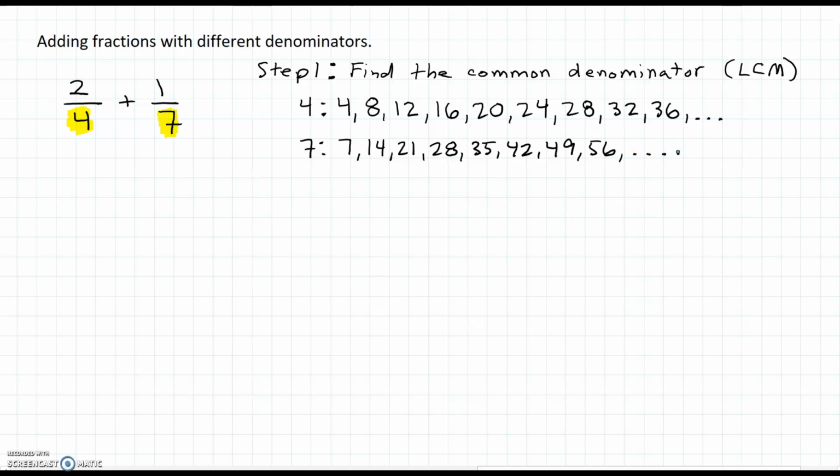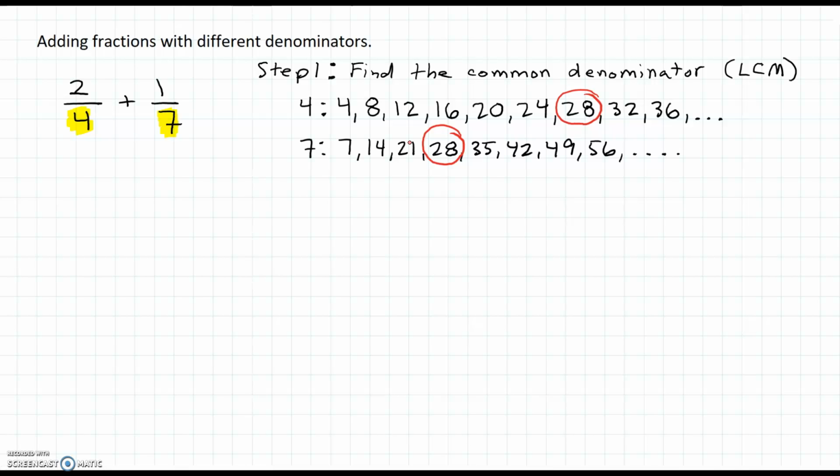Now, to find our least common multiple, all we have to do is find a number in these lists of multiples that is common with each other and which is the smallest one. So if you notice 28, for both of those, that is the smallest one.